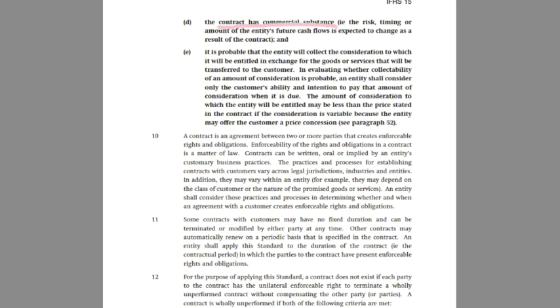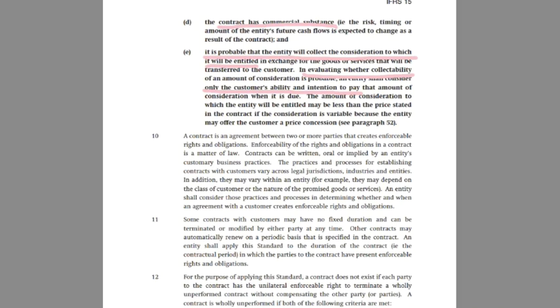The last one, it is probable that the entity will collect the consideration to which it will be entitled in exchange for the goods or services that will be transferred to the customer. In evaluating whether collectability of an amount is probable, an entity shall consider only the customer's ability and intention to pay that amount of consideration when it is due.